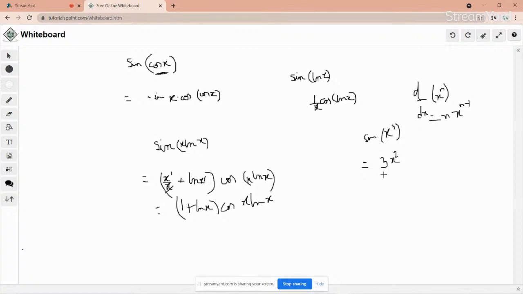So 3 came as the coefficient and 3 minus 1 is 2. Then we will do the differentiation of the outer function. It is cos of x cube. Okay, so this will be the answer. So here we have to do the chain rule.